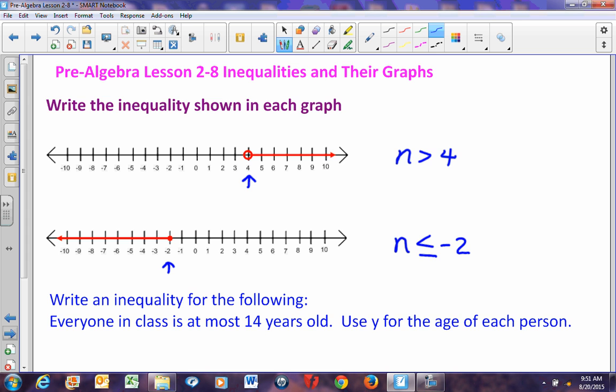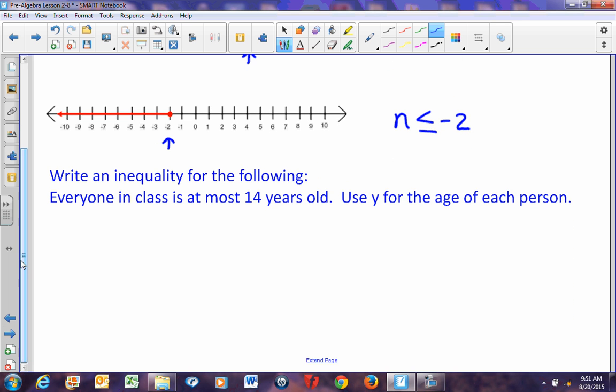You can also write inequalities from words. Write an inequality from the following. Everyone in class is at most 14 years old. Use y for the age of each person. Okay? So, we're supposed to use y for the age of each person. Everyone in class, that means the age of everyone in class. That becomes y is at most.